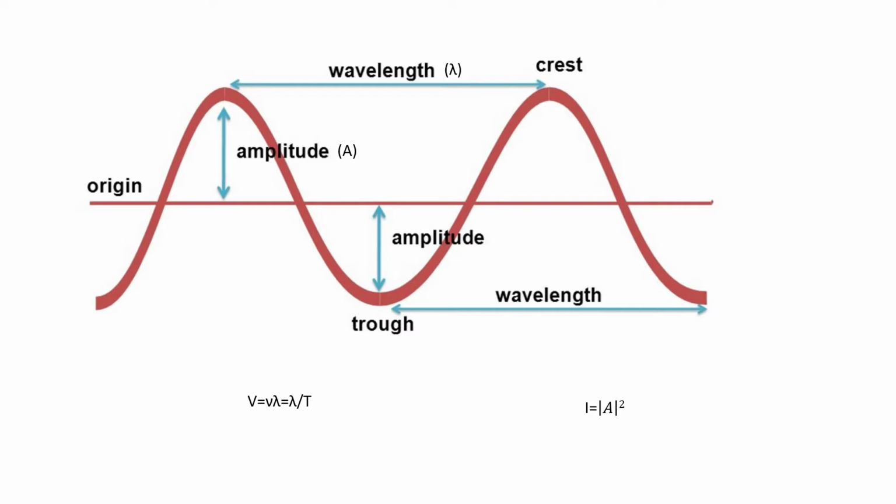In electromagnetic waves, visible light, radio waves, microwaves, X-rays, gamma rays are the examples. And in matter waves, atomic particles possess wave properties under certain conditions. Similarly, we have gravitational waves.